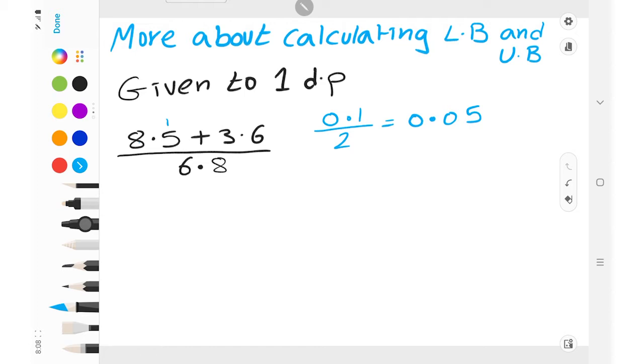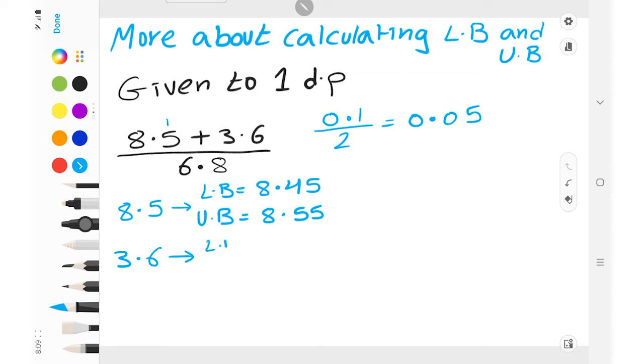So for my 8.5, my lower bound is 8.45 when I subtract 0.05, and when I add 0.05 I get 8.55. Now when I round 8.45 to one decimal place, I will get 8.5, but the upper bound is not included.